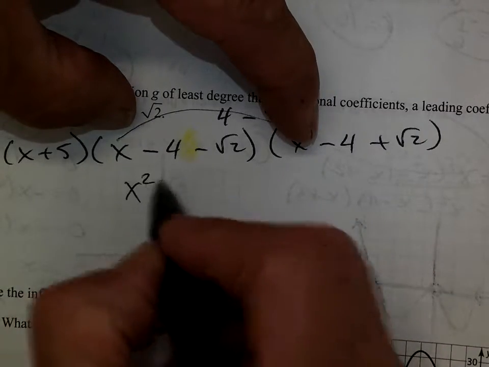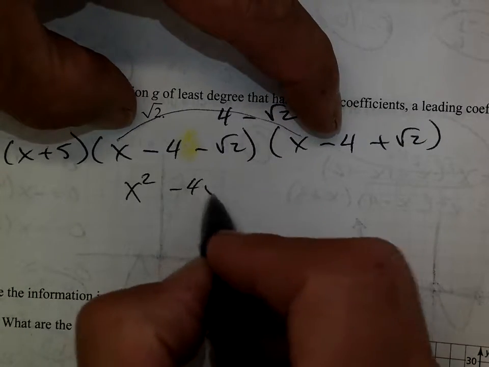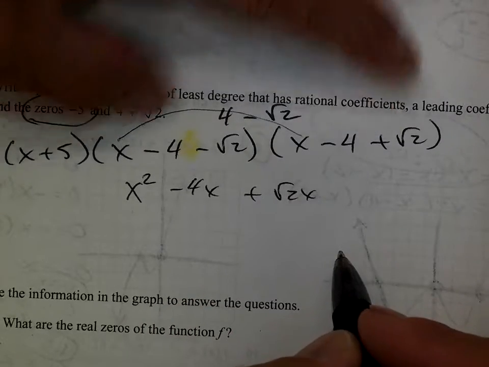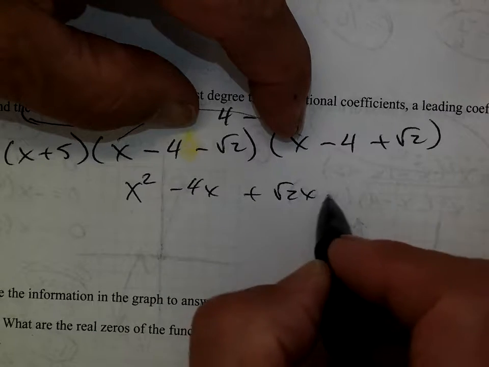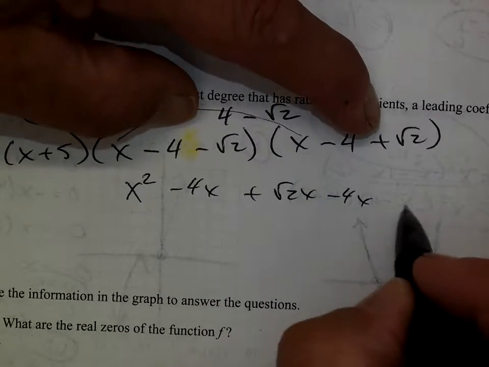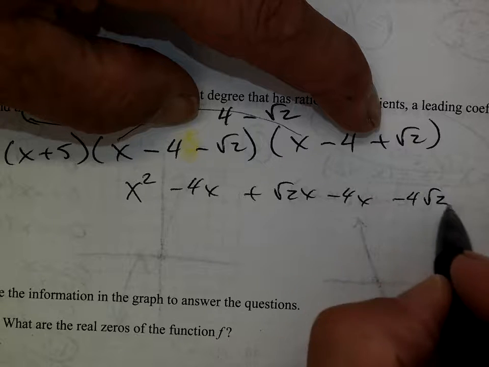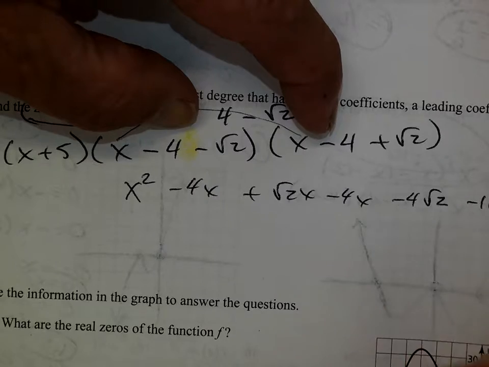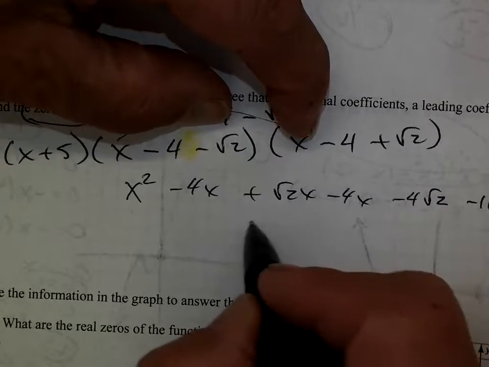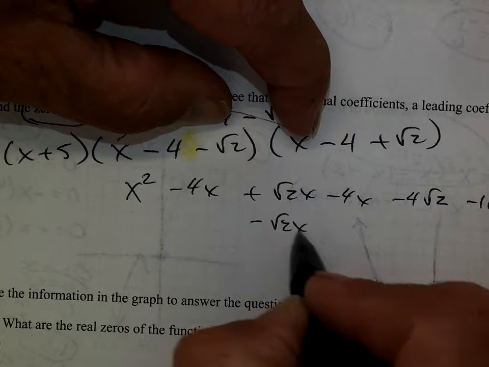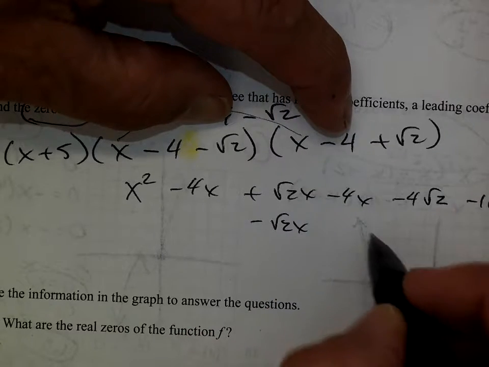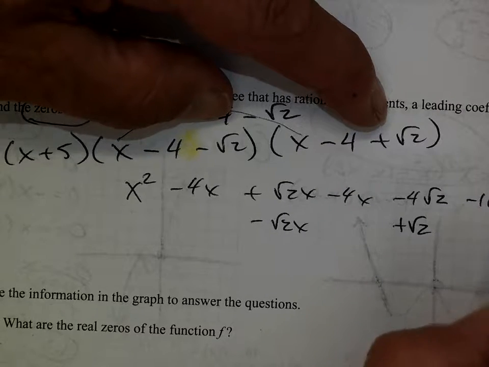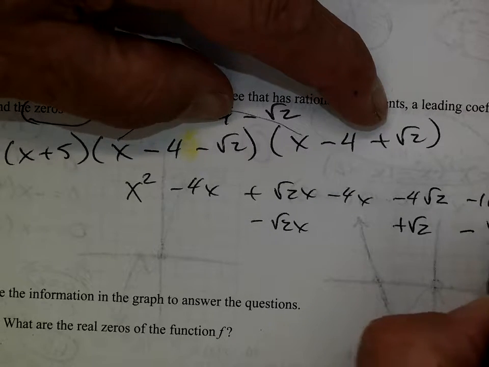X squared minus 4x plus the square root of 2x, minus 4x, minus 4 square root of 2, minus 16, and then minus the square root of 2x, positive 4 square root of 2, and then minus the square root of 4.